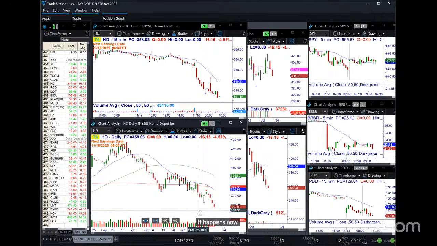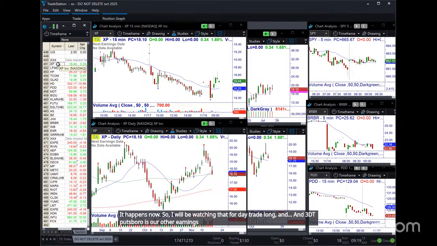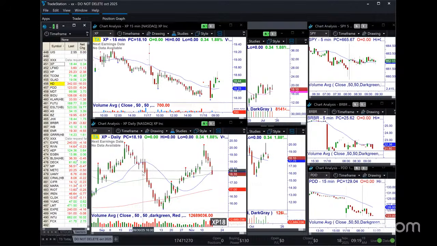So I will be watching that for a day trade long and a 3 DTE put spread. These are other earnings now, because those are all my alarms going off. XP 1850, maybe that's a buy setup on support. I'll set an alarm at 1880.